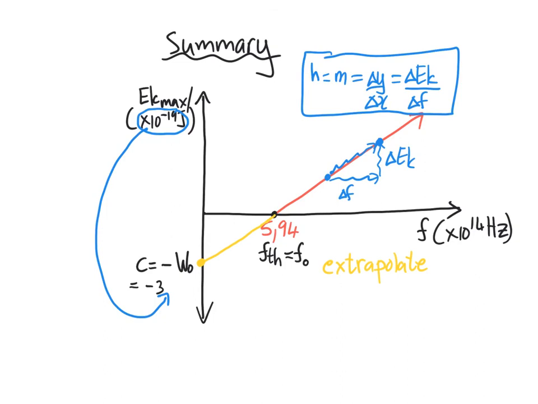So this would be minus 3 times 10 to the minus 19 joules. And so the work function would therefore be 3 times 10 to the minus 19 joules, because the minus signs would cancel out.